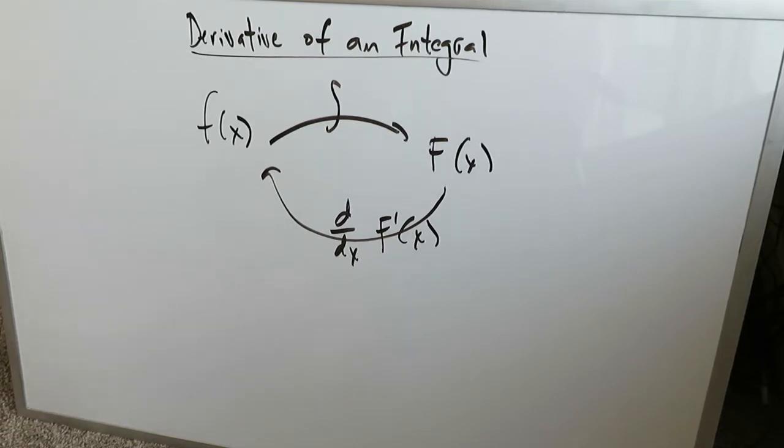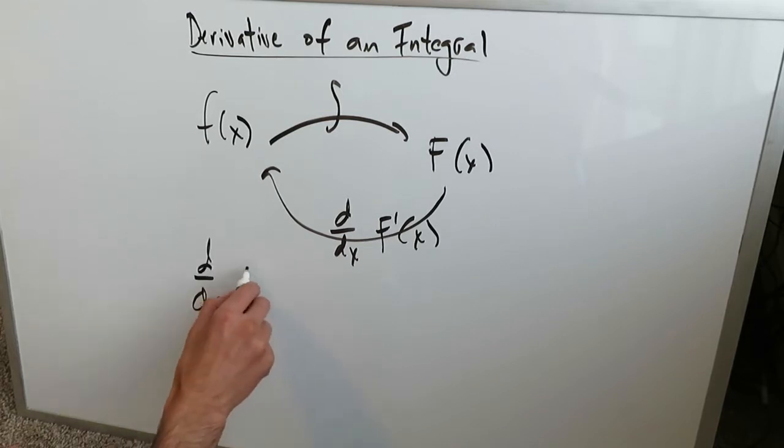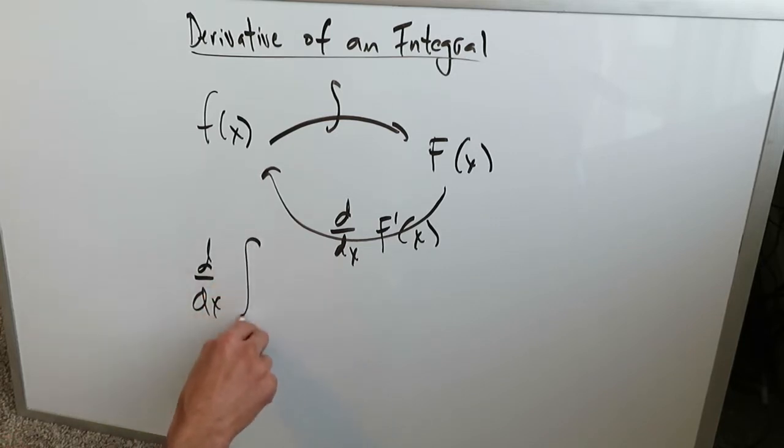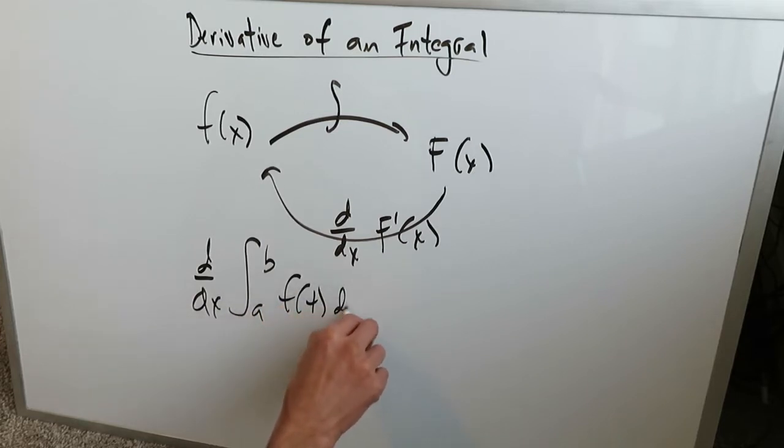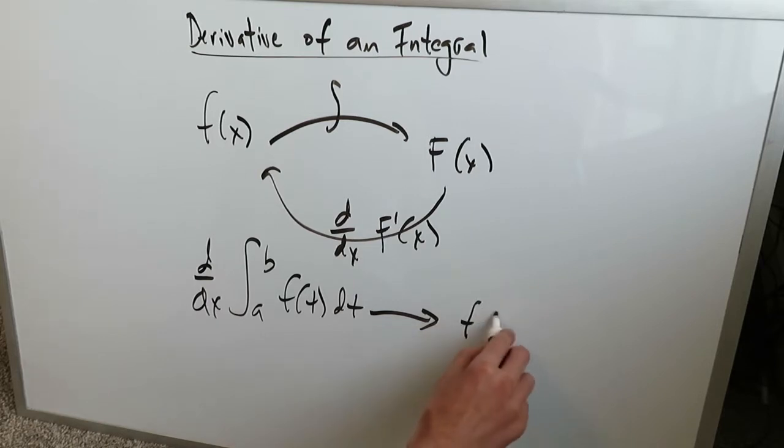The fundamental theorem of calculus requires a certain amount of blind faith, and I've told you that the derivative of an integral is always going to lead you to the original function. You can easily prove that when you're doing a derivative of any kind of a function. If you're doing a derivative of the integral from a to b of f of t dt, you can arrive at some value and that value will be your original function.